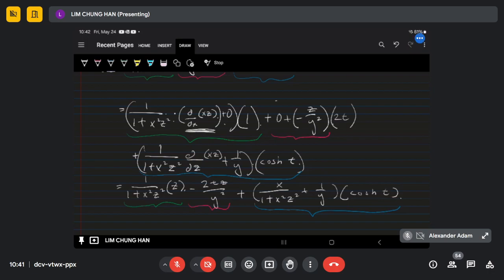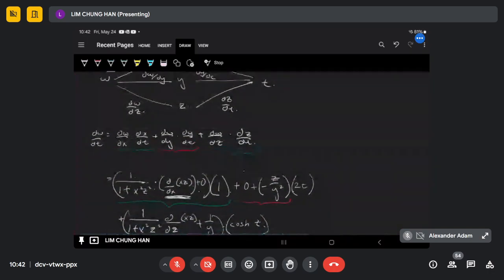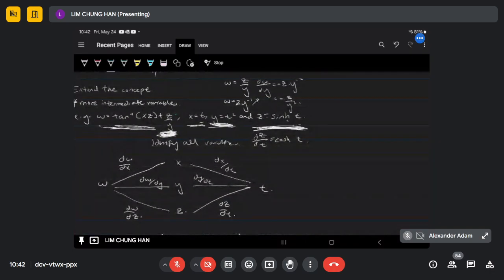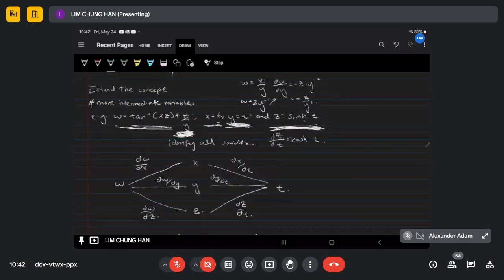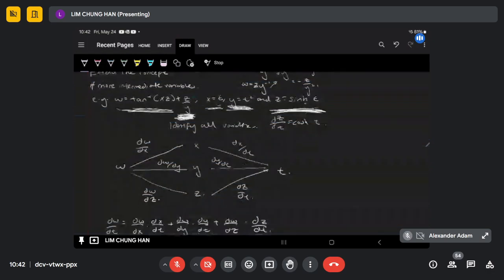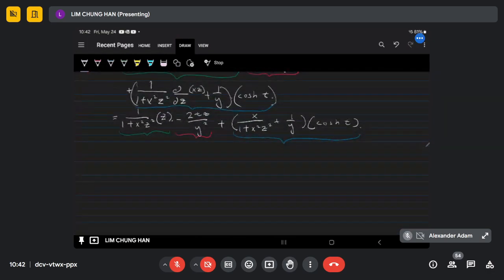Okay. Yes, doctor. Now, this is one way of extending the concept: more intermediate variables. Now, there's another way of extending the concept. Okay, you guys are going to get so confused here. One more way is more dependent variables.